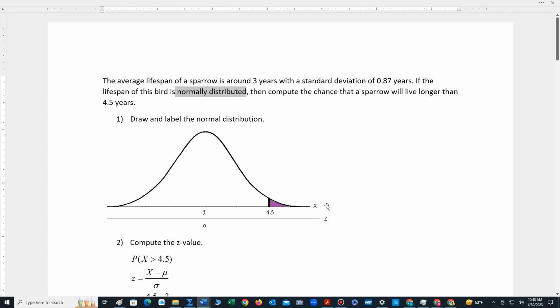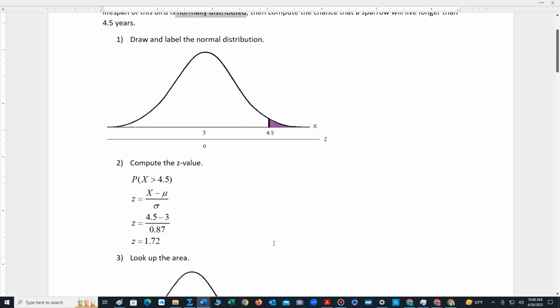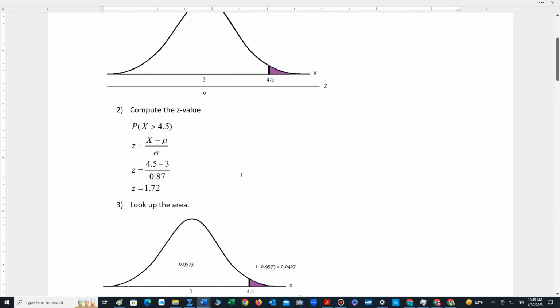So we draw the normal distribution. The mean is 3. 4.5 is to the right of 3, and since it's saying more than 4.5 years, we wish to calculate this tail area. So the way that the problem is constructed, it's the probability that the variable is greater than 4.5.